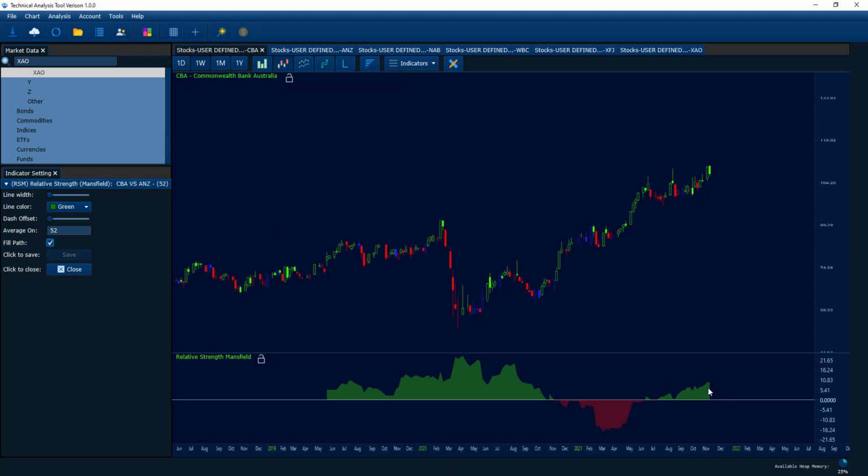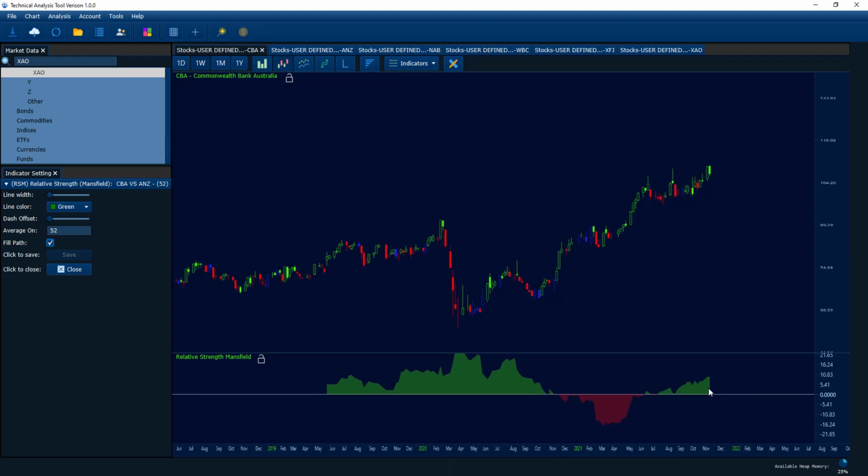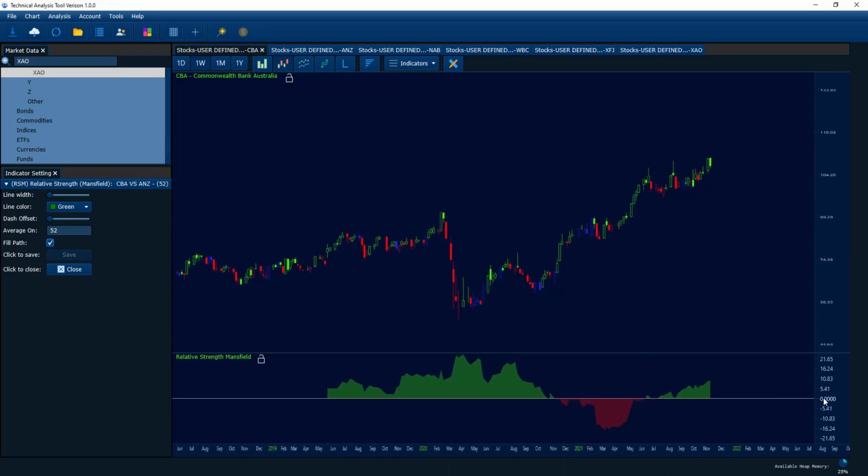The Mansfield indicator is well above the zero line, which means CBA has well outperformed ANZ. So if you want to choose the stronger one to buy, you obviously want to pick the CBA. So yep, that's one usage of this indicator.